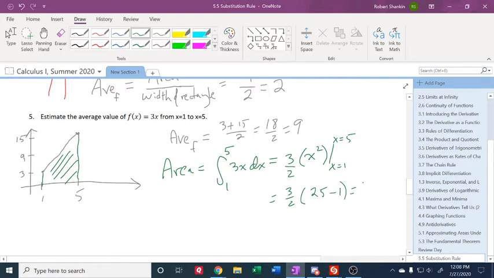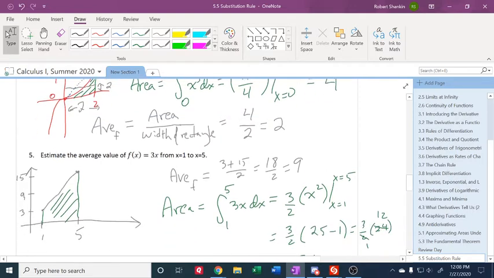So it's 3 halves times 24. This goes into this 12 times, and that's equal to 36. Exactly what I knew it had to be, because the average height times the width of 4 is 36. Okay, so that's my area.